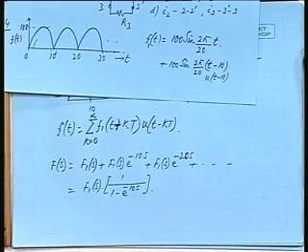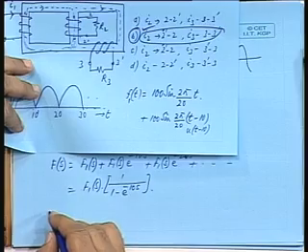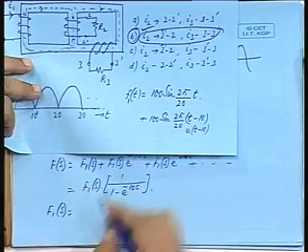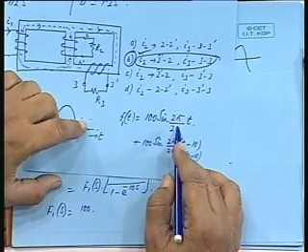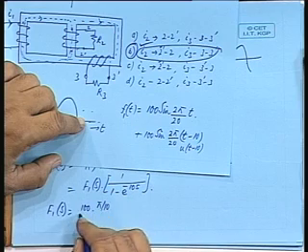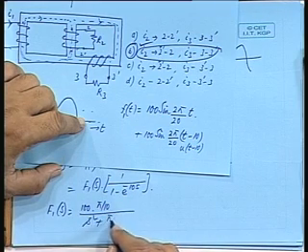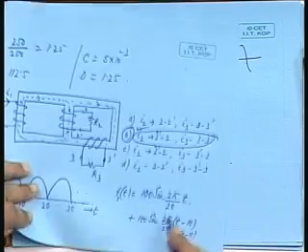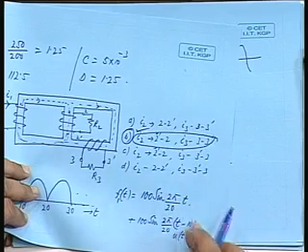And what is F1(s)? F1(s) will be Laplace transform of this, which is 100 into sine 2 pi by 20, meaning pi by 10, divided by s squared plus (pi by 10) whole squared.